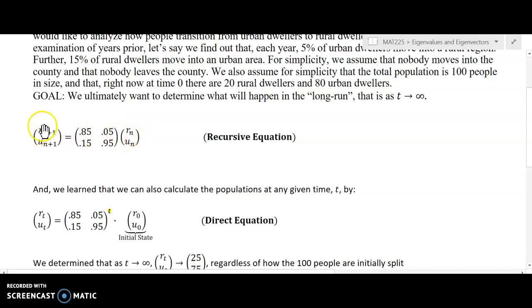To get the number of rural dwellers next year, we keep 85% of the current rural dwellers, because remember 15% of them move away, so 85% of them stay, and then we're going to gain 5% of the urban dwellers who are going to become rural dwellers next year. Similarly, 15% of the rural dwellers moved into the urban setting at time n+1, and 95% of the urban dwellers remained urban dwellers at time n+1.